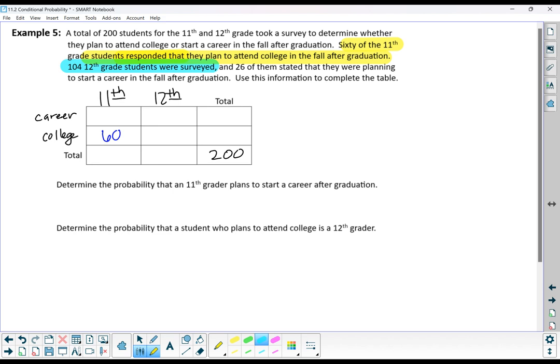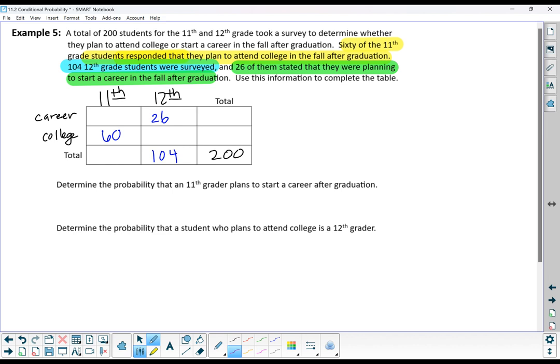So that gives me the total of the 12th grade students. And 26 of them, so that's 26 of the 12th grade students, stated that they were planning to start a career. So 26 goes here.